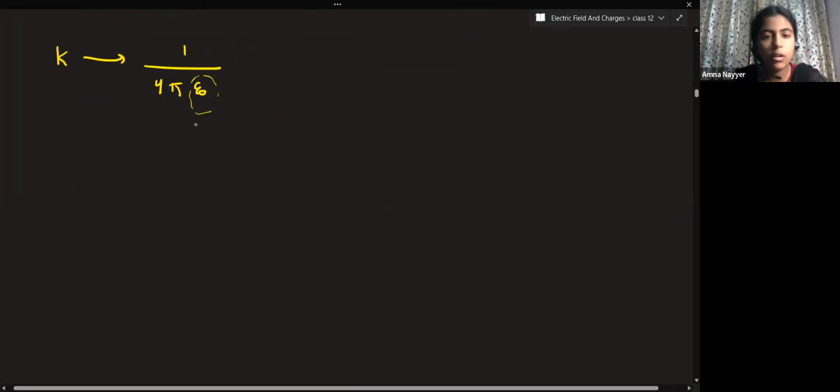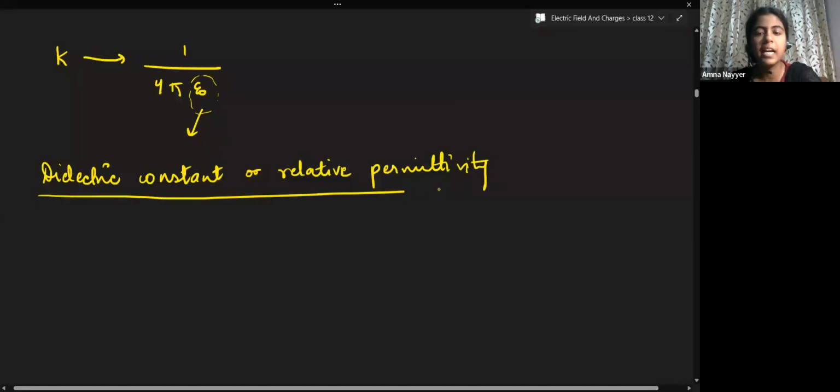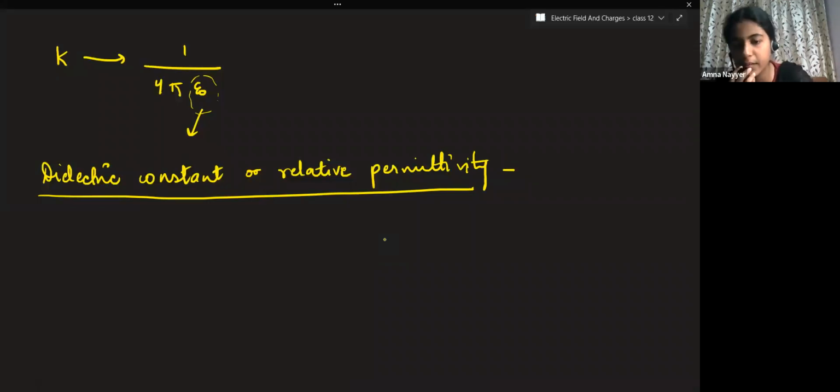Epsilon naught is basically known as the dielectric constant, or the relative permittivity. This dielectric or relative permittivity actually determines how the force will be affected in a medium.